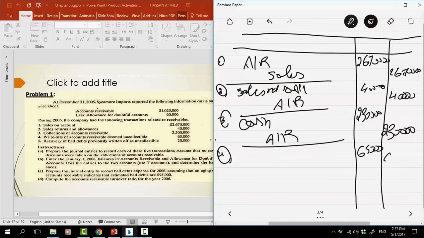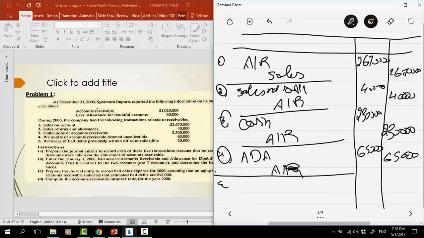Then number 4, write-off of $65,000. This is under the allowance method, not under the direct method. The direct will be directly written off. Use the direct method unless you must use the allowance method. Write-off, then we will write ADA and accounts receivable 65,000.